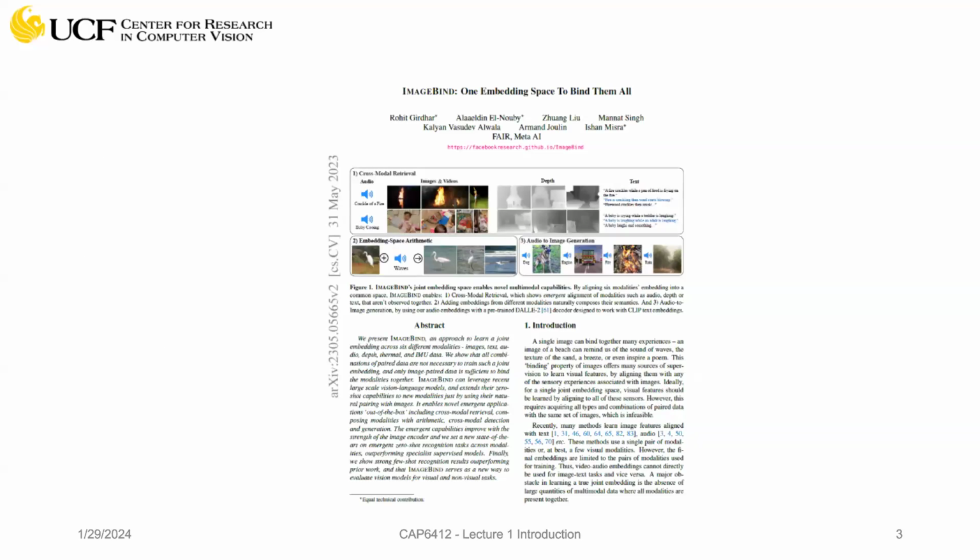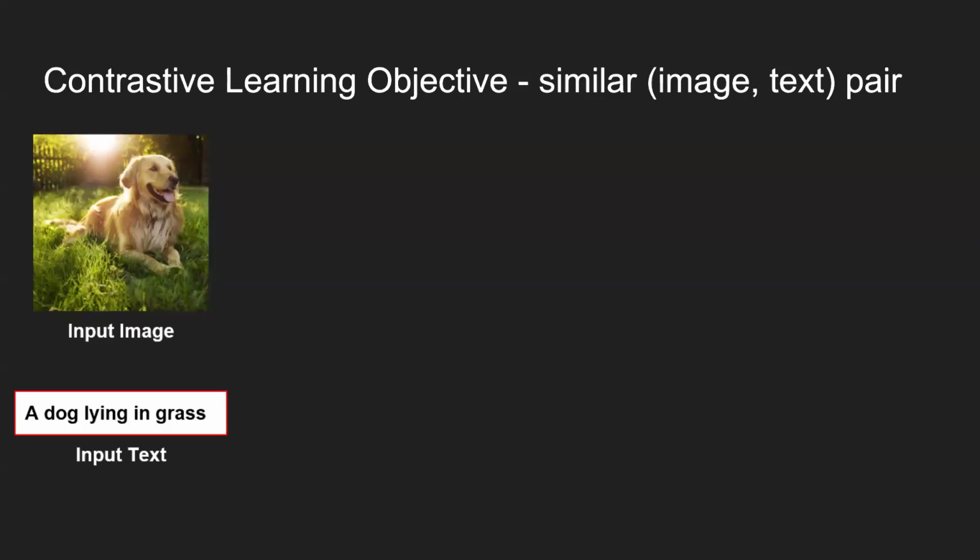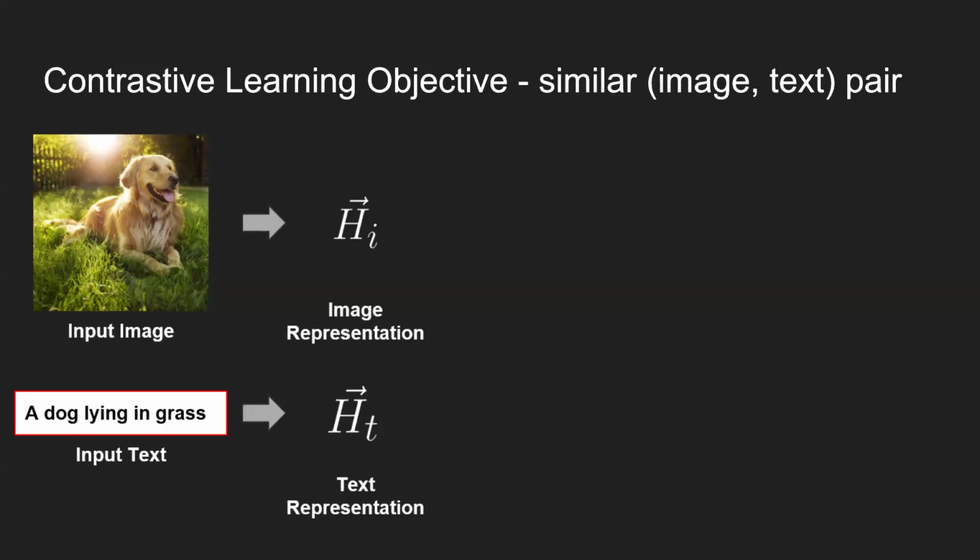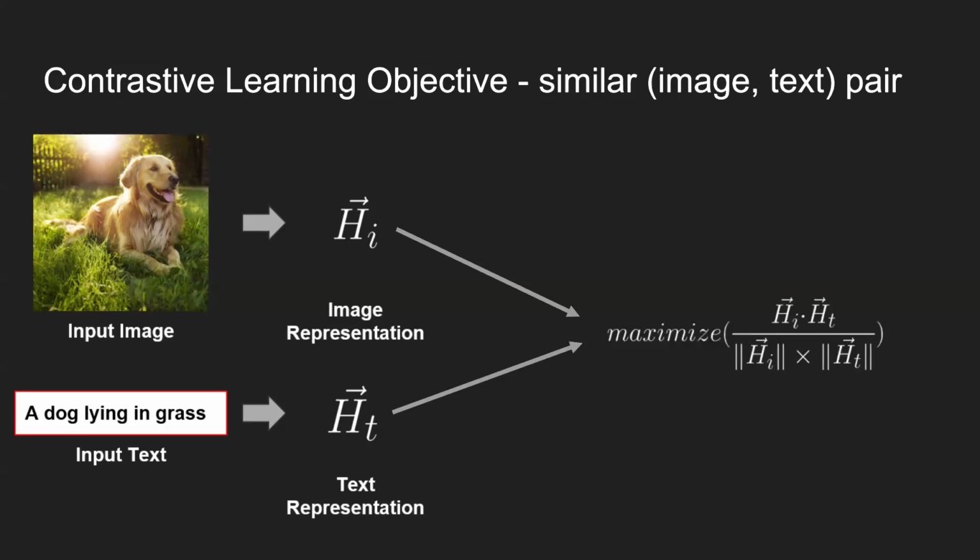So ImageBind, this is the paper, came last year in May, and the idea built upon CLIP, as we have been talking about. CLIP is one of the main breakthroughs in this kind of research: we have an input image and corresponding text, and we learn the image representation HI and the text representation HT such that they are in the same space.